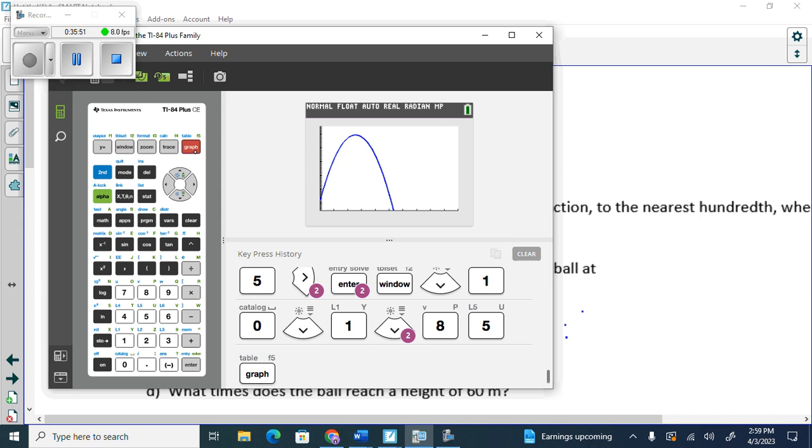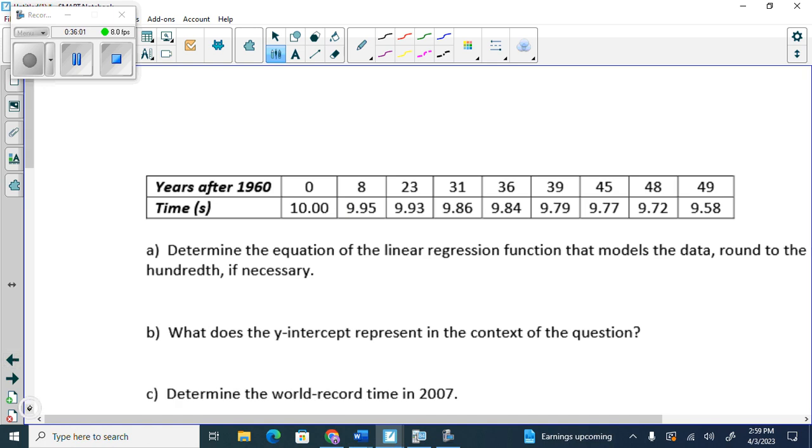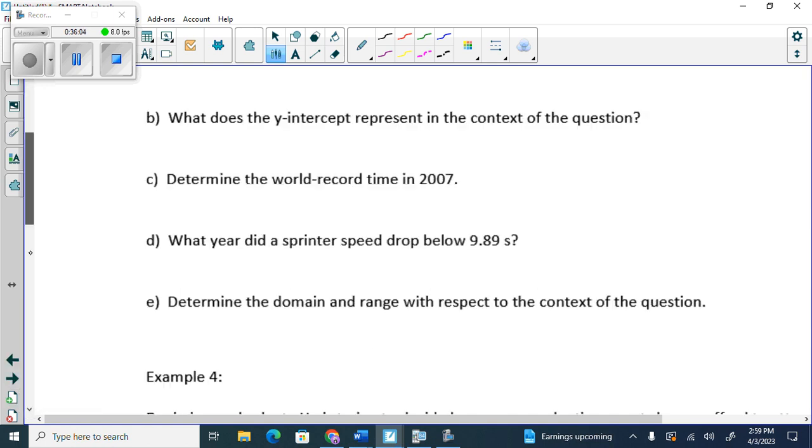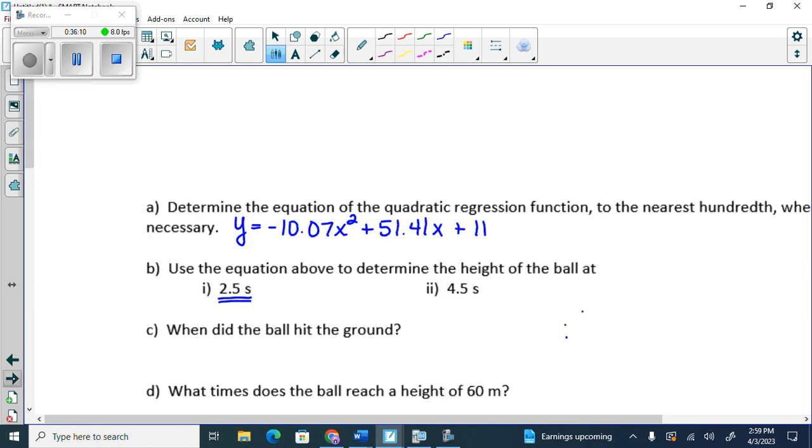Okay. So this one here says, use the equation above to determine the height of the ball at 2.5 seconds. So I go to my table, 2.5 seconds, which is time, x or y? X. So I gave you x, right? So this is x equals 2.5. Where do I put x equals in?